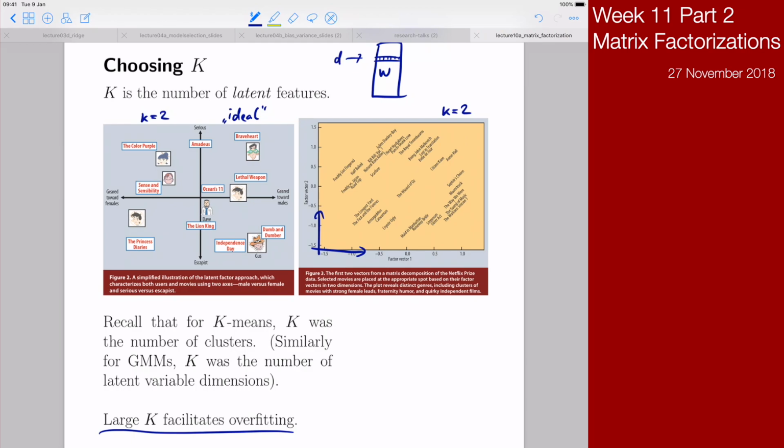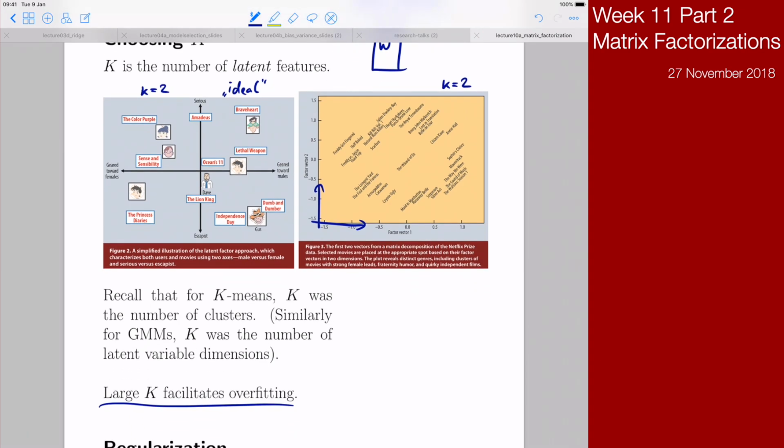What's a simple thing you could do? Exactly, you could use w equal x, and z being the identity.